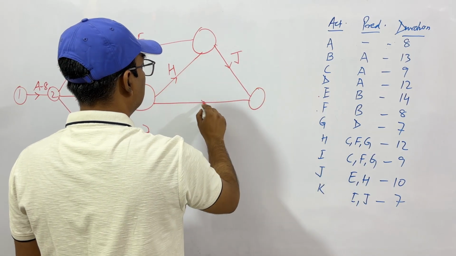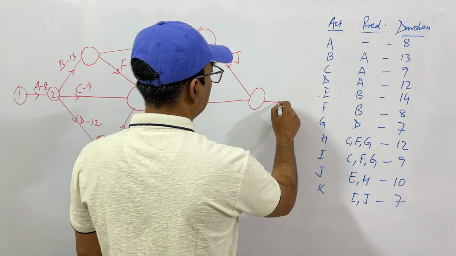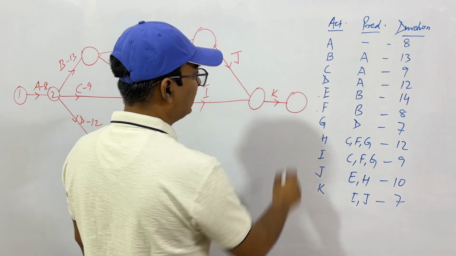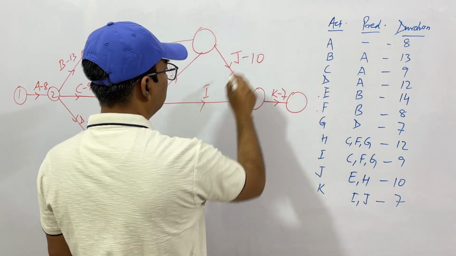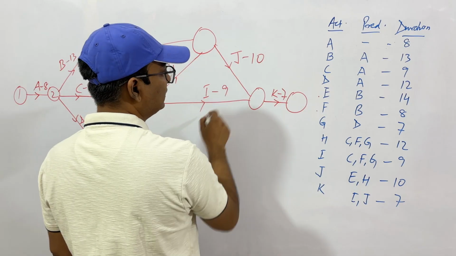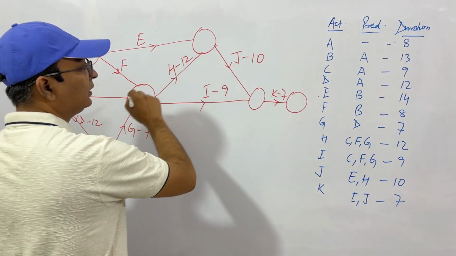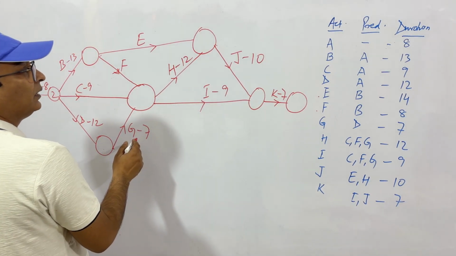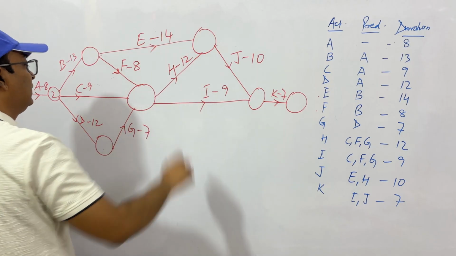This is J, this is I. And after I and J you have K. Okay, K takes 7 days, J takes 10 days, I takes 9 days, then H takes 12 days, G takes 7 days, and then you have F 8, E 14, and others we have written.